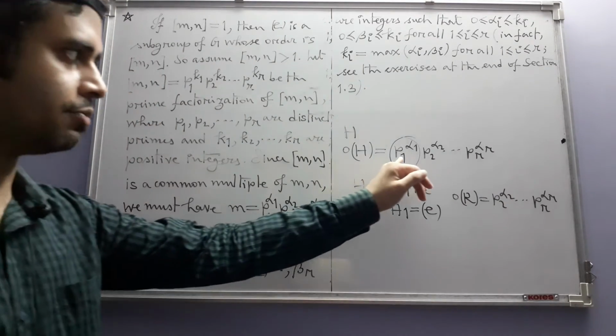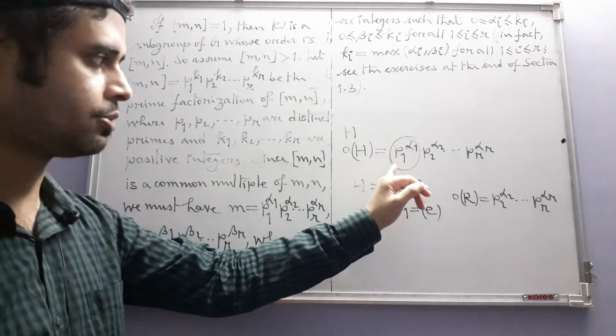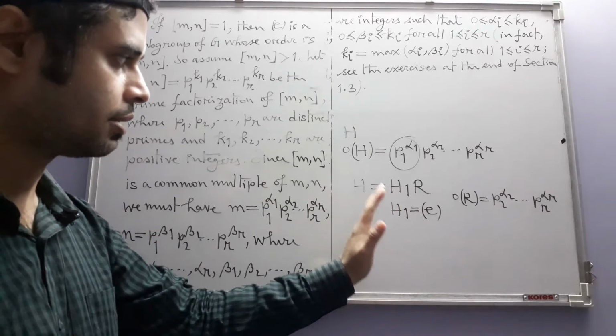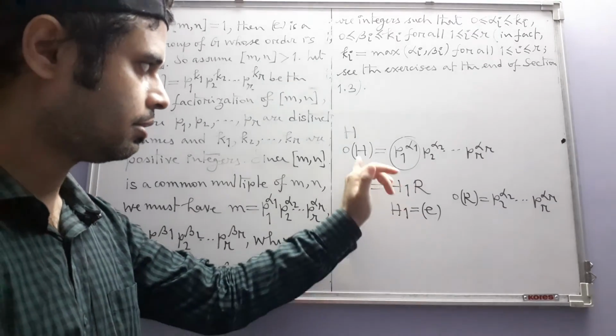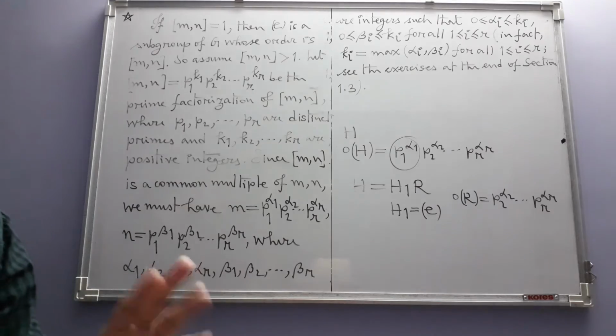Because in this case, if this is equal to 1, actually P1 is not there, then H is equal to R. That's what we mean.